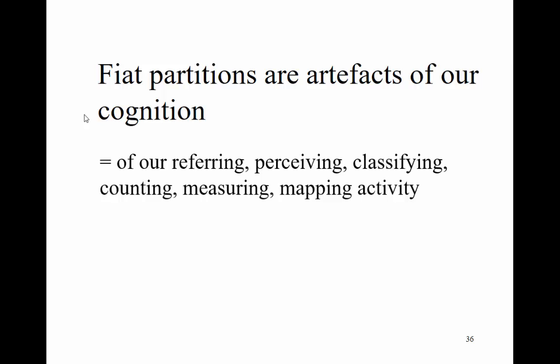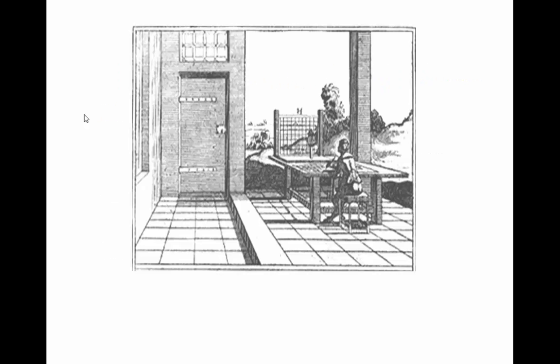We can't refer to anything without separating the thing that we refer to from its environment. In that latter case, it might be the environment which is everything else. In the perceptual case, it will be the environment which is our visual field or sensory field. So all of these things are a kind of gridding activity, and we're back now to something that we already met several times, which is Alberti's grid.